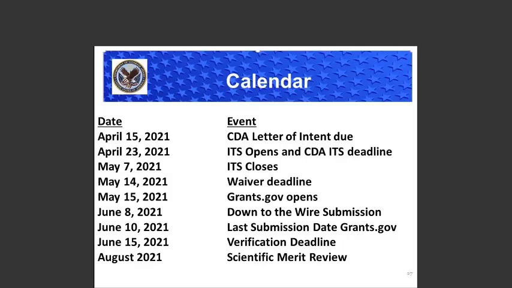The ITS closes on May 7th. The waiver deadline is May 14th, and grants.gov opens on May 15th. The down to the wire submission is June 8th, and the last submission date is June 10th with verification on June 15th. And we will have the scientific review in August.